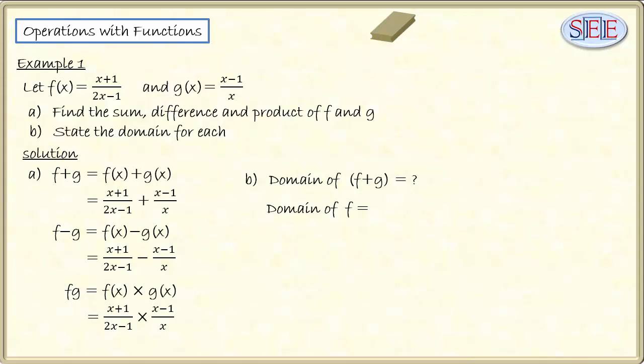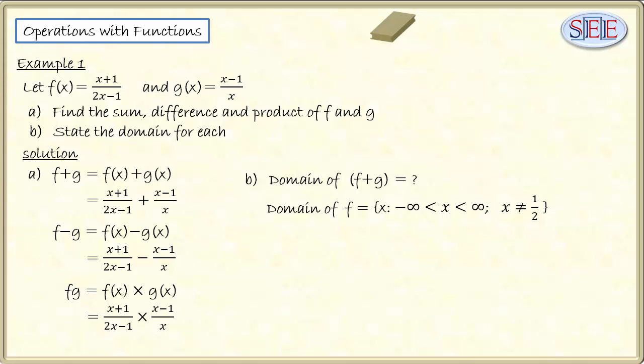So my domain of f will be the set of x such that x is from minus infinity to infinity, but x should not be equal to 1 over 2. So all the real numbers, with the exception of 1 over 2, serve as elements in the domain. That is my domain of f.